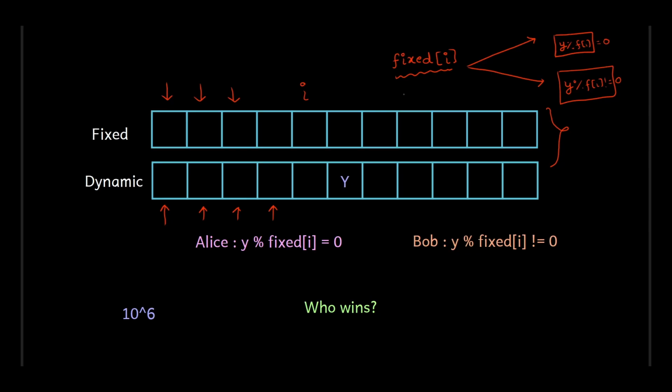So fixing an element partitions this dynamic array into two parts, and these two are disjoint, meaning Alice and Bob do not interact with each other, because Alice can only pick from one set and Bob can only pick from the other. So this set is reserved entirely for Bob and this set is reserved entirely for Alice.